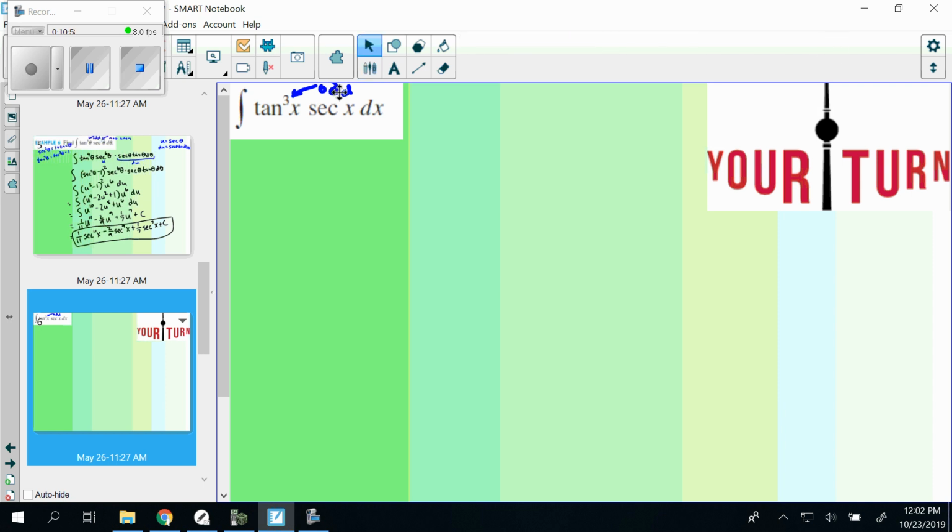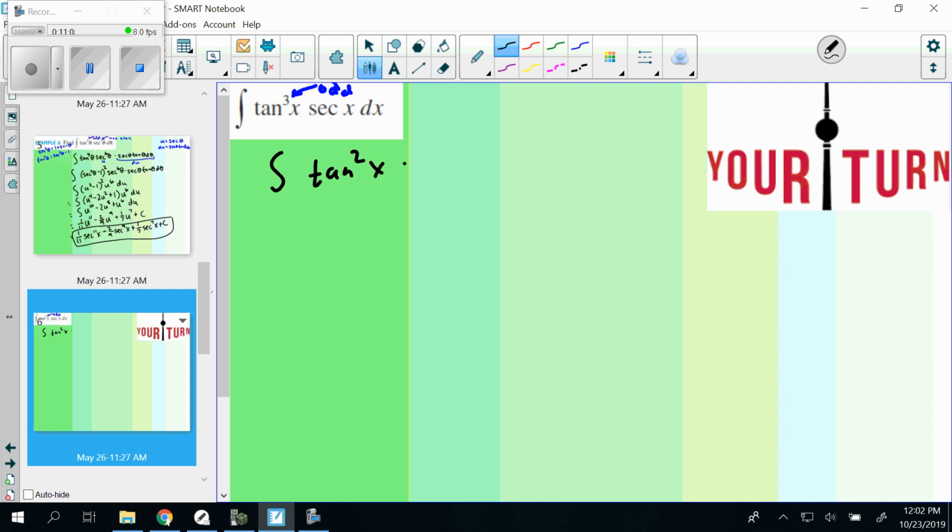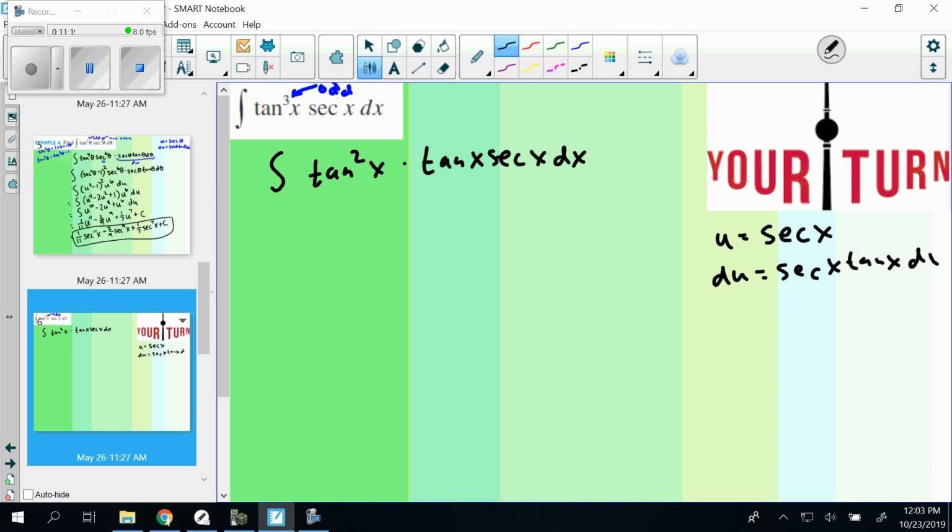So if you're separating this one, we're going to have tangent squared now times a tangent and a secant. And that's good because we know when we do our substitution of secant that we end up with secant x tangent x. But since we're substituting secant here, we do have to use that trig identity over here.